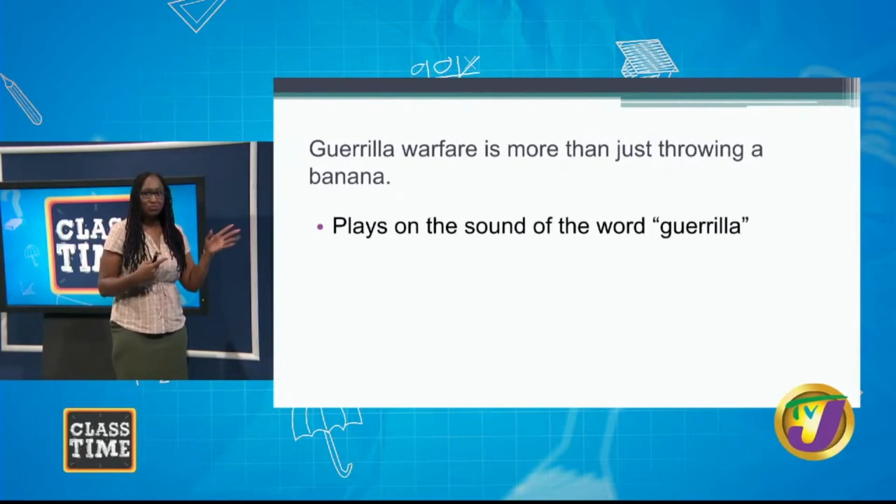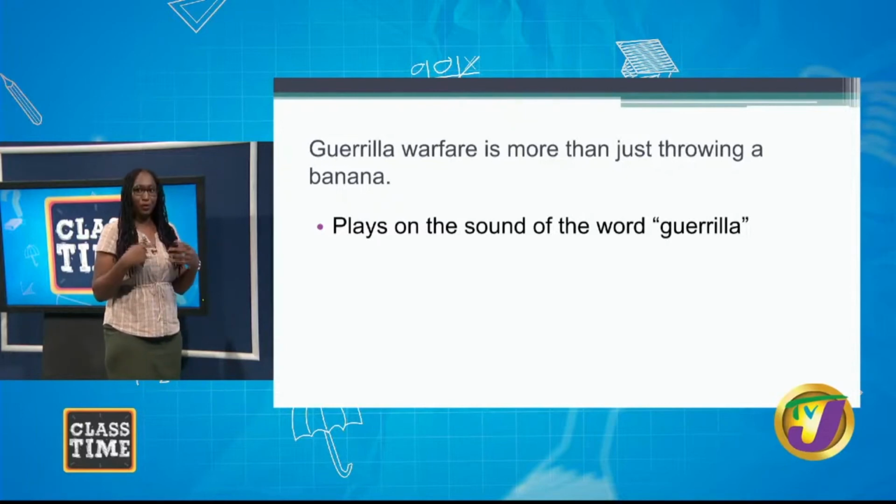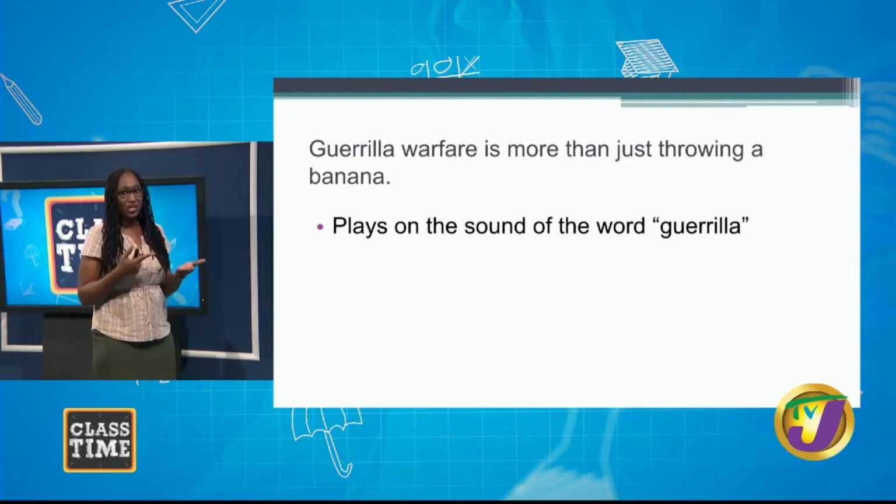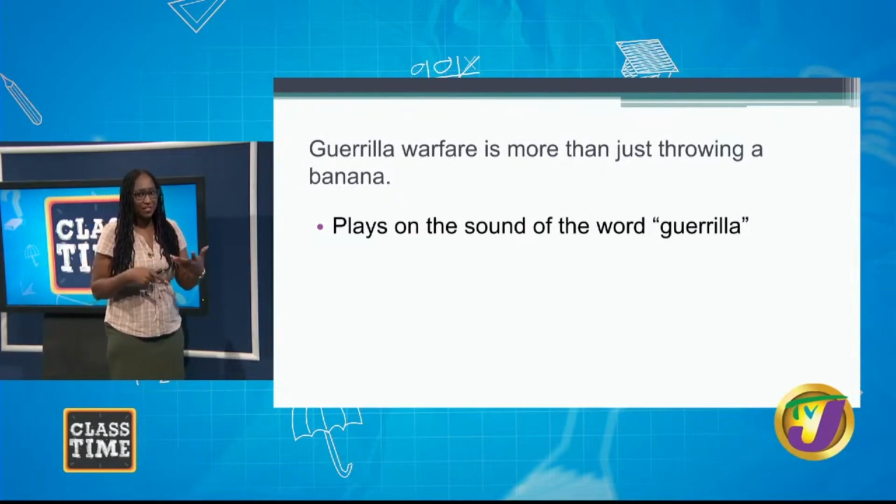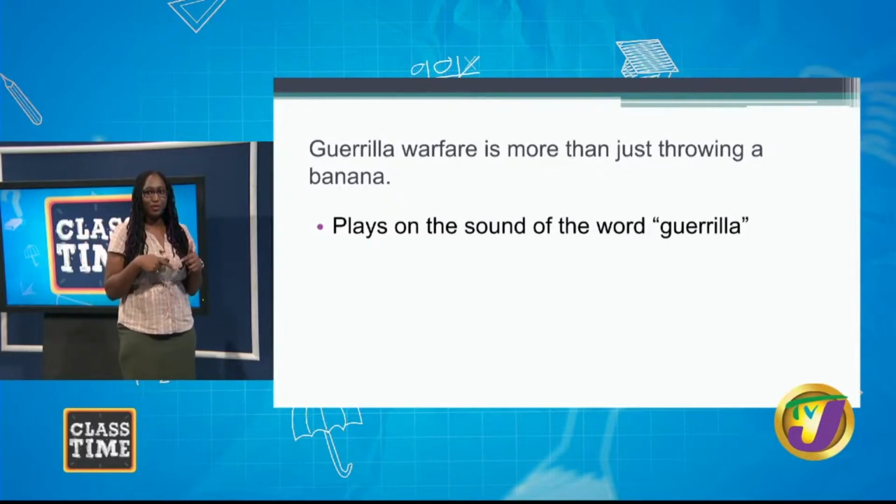So guerrilla, which is a type of warfare, type of combat, and gorilla, that great big animal that we know in the ape family. So that is where the play on words is. So this combat is more than just literally throwing a banana. It's serious because people will get hurt. People will possibly die. So the play on words here is not so much lighthearted, but it can still be appropriate depending on what you're talking about.